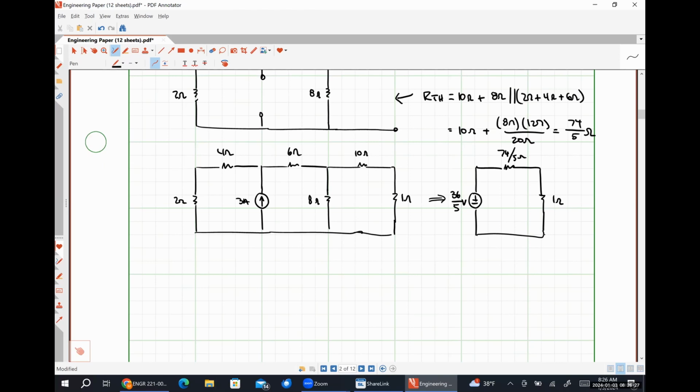We have replaced everything to the left of the terminals of the 1 ohm resistor with its Thevenin equivalent circuit.